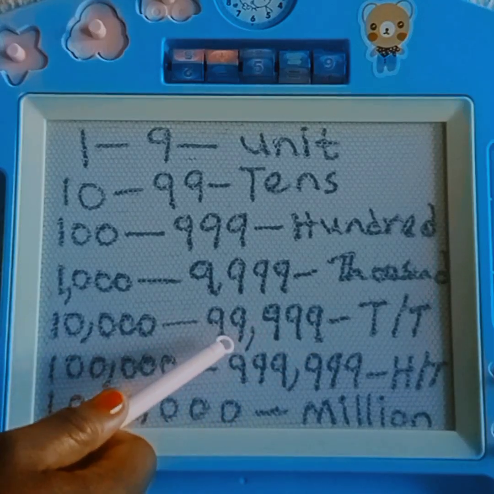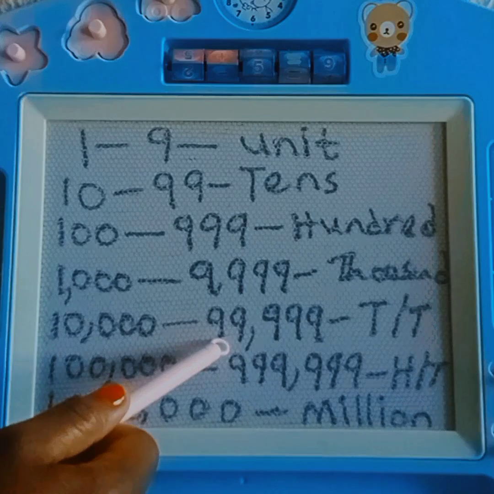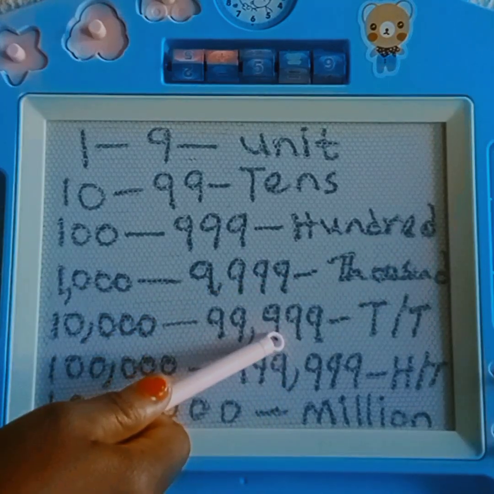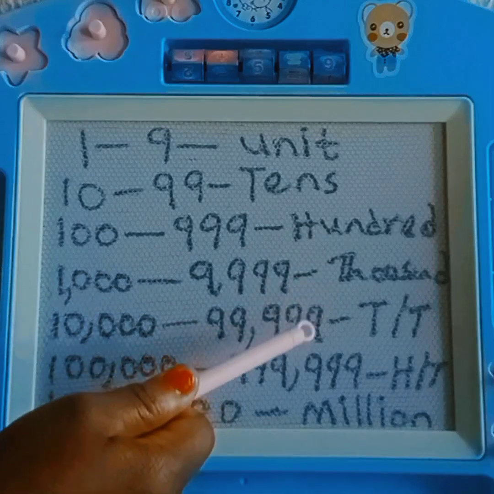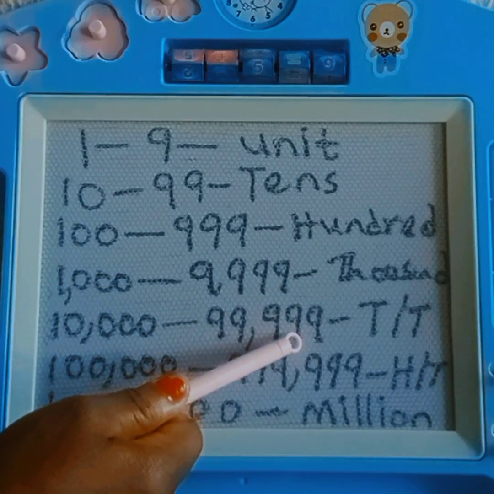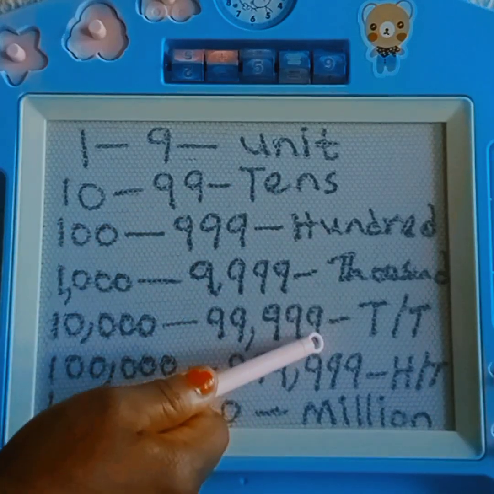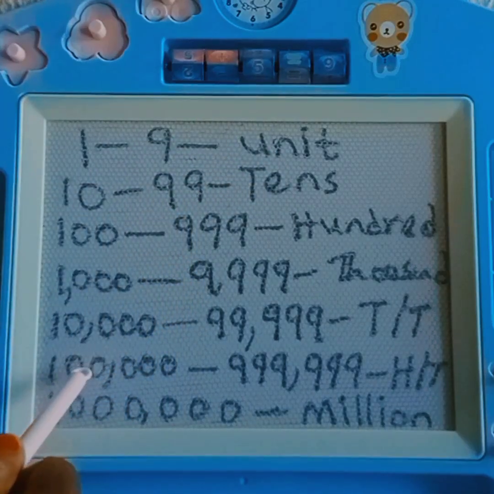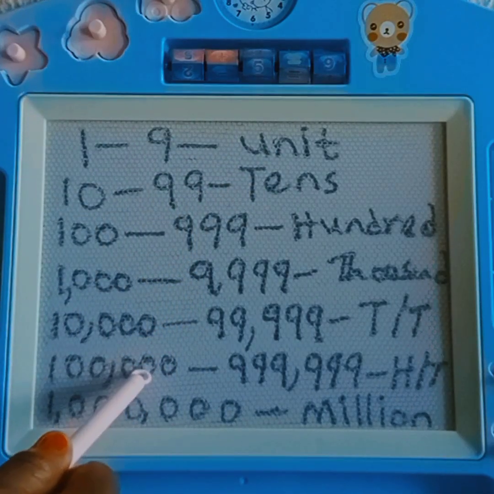So in this case, the first digit becomes tens of thousands. The next one becomes thousands. This one becomes hundreds. This place value will become tens, and the place value of the last one will become units.